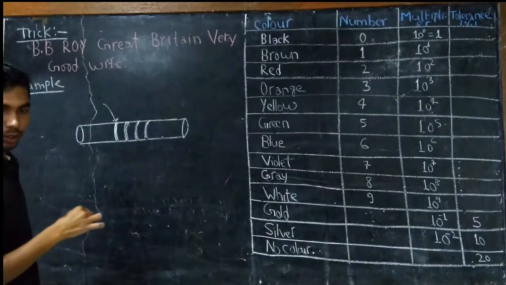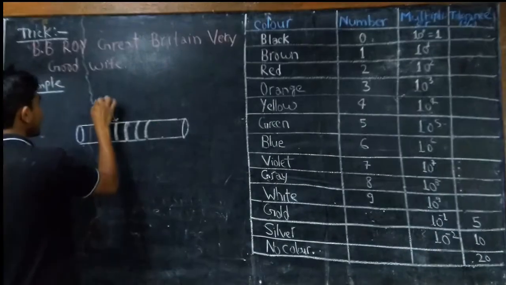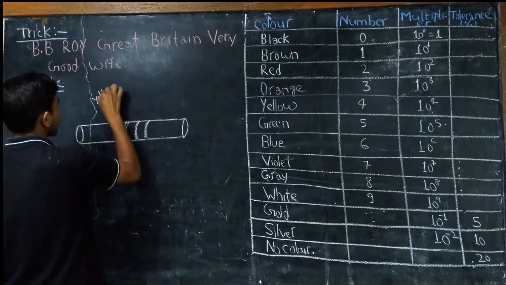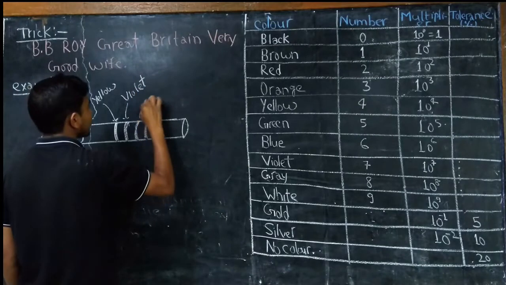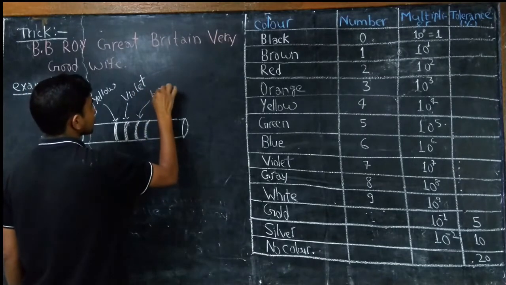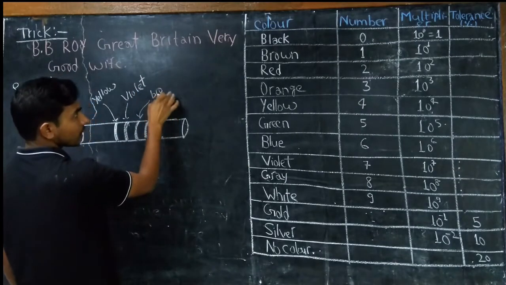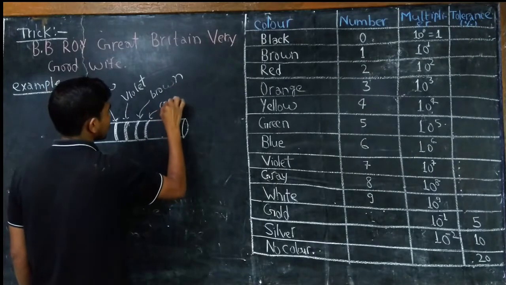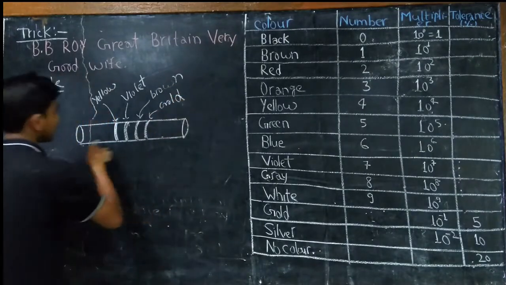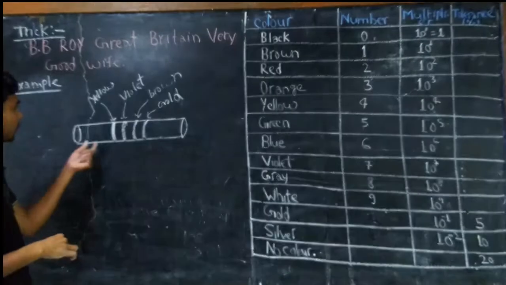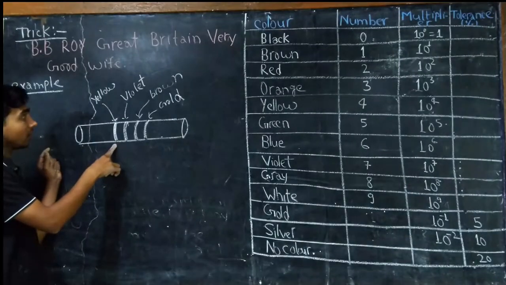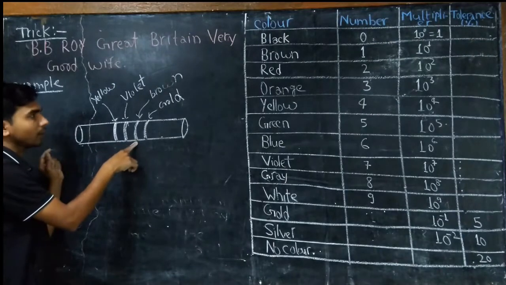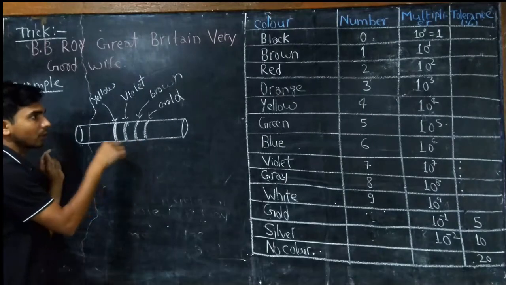Suppose this one is yellow, violet, this is your brown, and last one is gold. So this is your resistor, painted with 4 colors: first is yellow, then violet, brown, and gold.